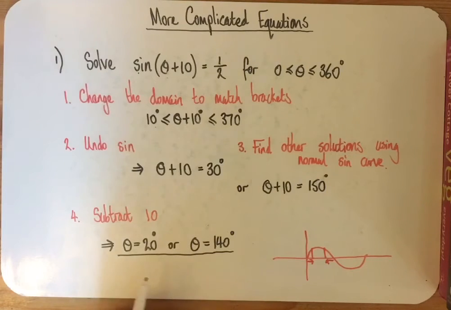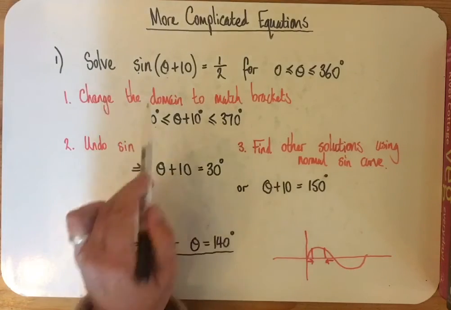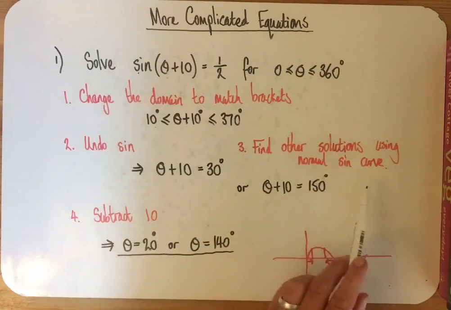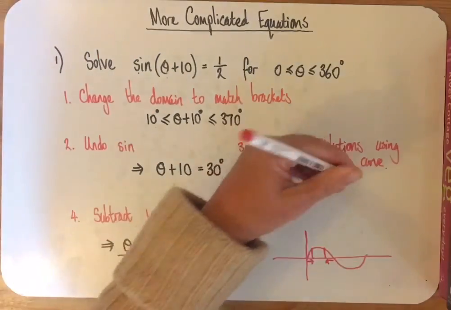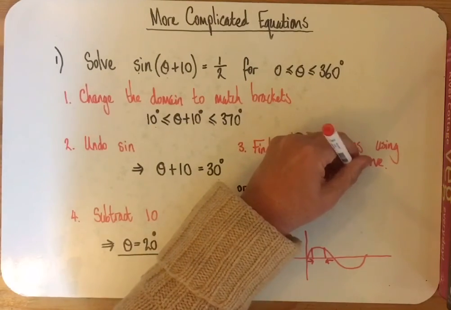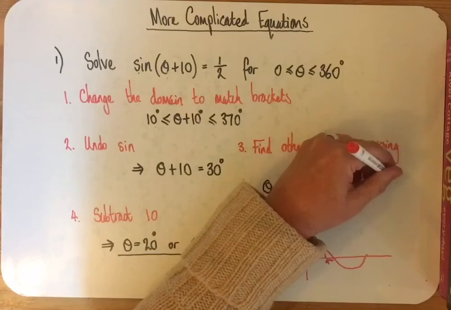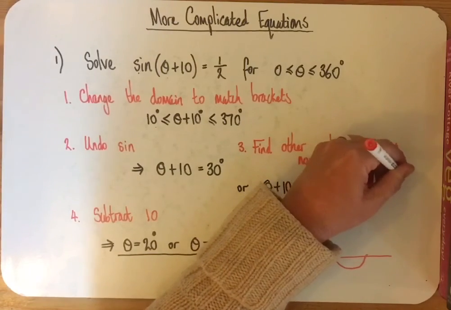So that now whatever I've got, if I add 10 to it, and do sine of these plus 10, I'll get a half. So you find other solutions using the normal sine curve within the adjusted domain. I'll do a couple more to make that a little bit clearer.